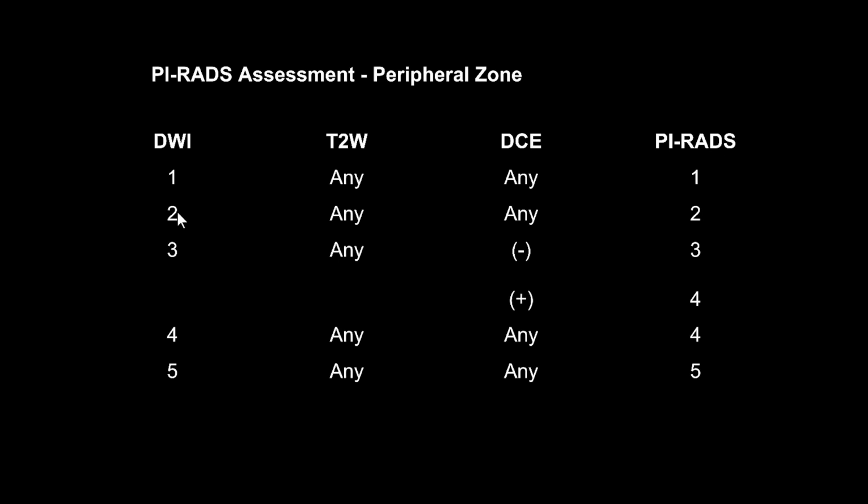So you really have to have some substantive DWI restriction and ADC map abnormalities to start moving up into the higher categories. RADS 3, the tweener. Well, the RADS 3 is when you have an indeterminate DWI, or diffusion-weighted series of sequences.